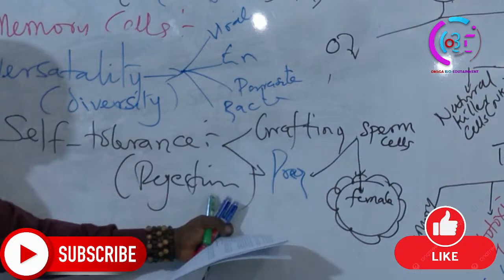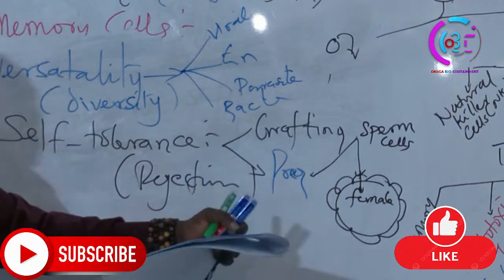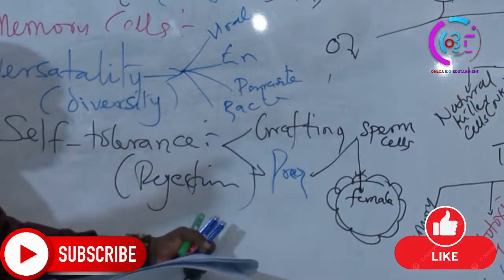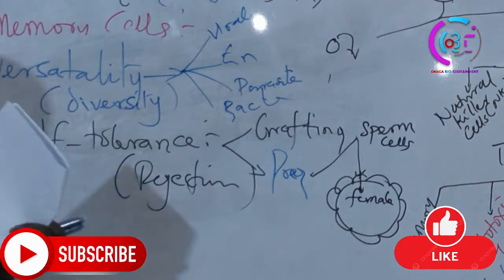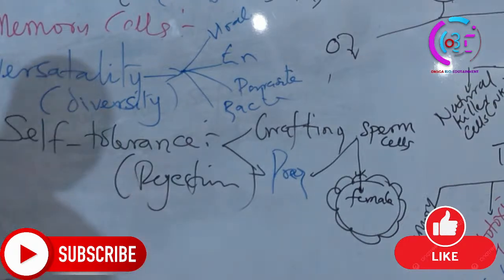That is when you see that this blood group cannot give blood to another person. That is the basic principle of blood transfusion.